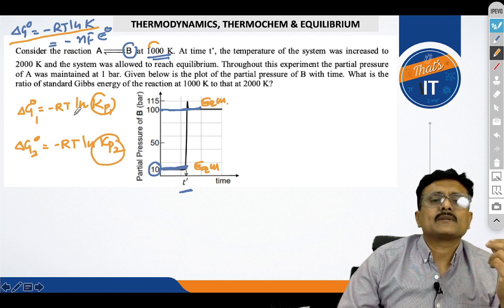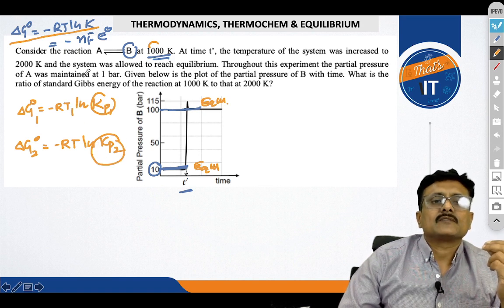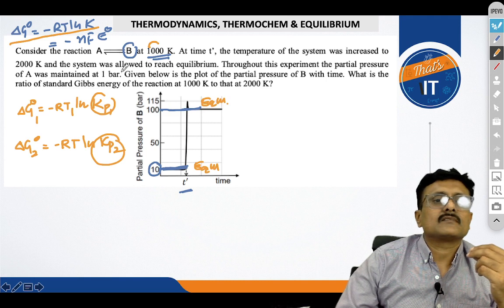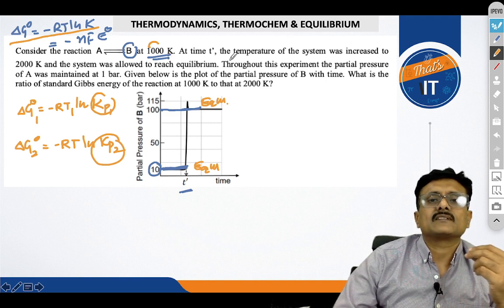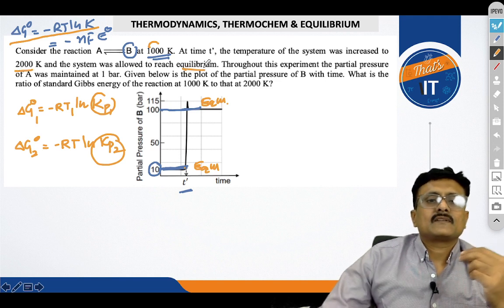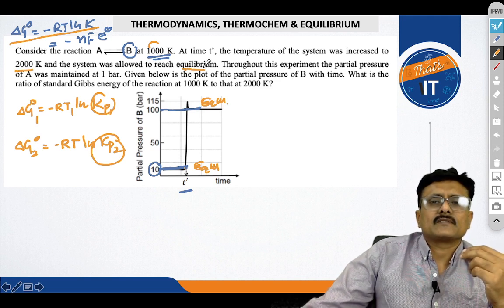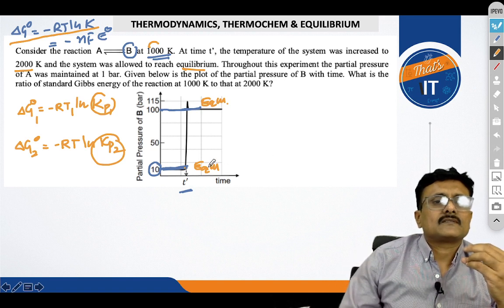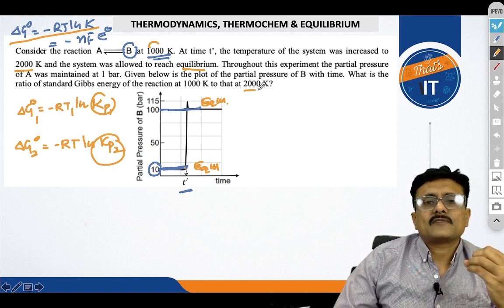So you can see the reaction at 1000 Kelvin, and at the time T dash you can see the temperature of the system was increased to 2000 and equilibrium has been attained, isn't it? Now you have been asked to find out the ratio.